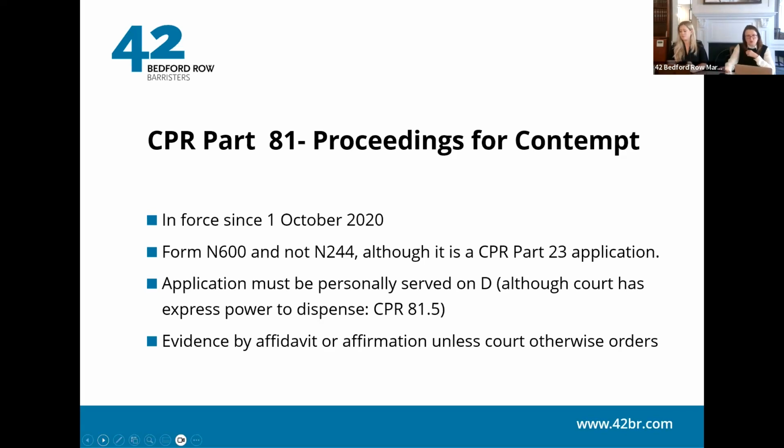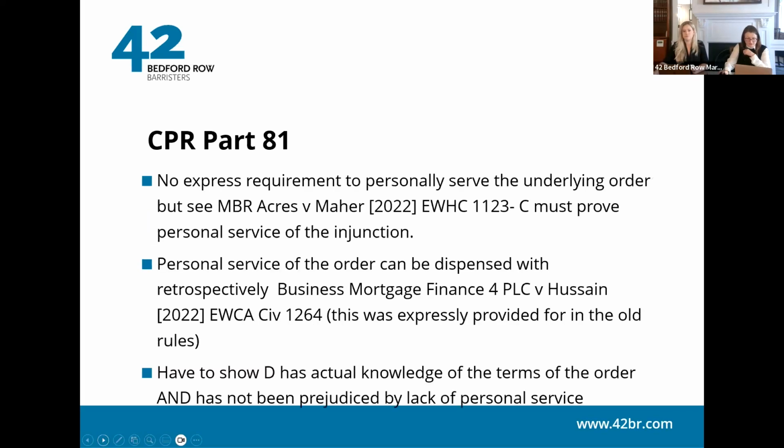And as it was under the old procedure, the evidence in support of the application for contempt must be by affidavit or by affirmation. There were a couple of gaps in Part 81, which is unfortunate really, because there was a lot of criticism about the way that the old Part 81 was structured.